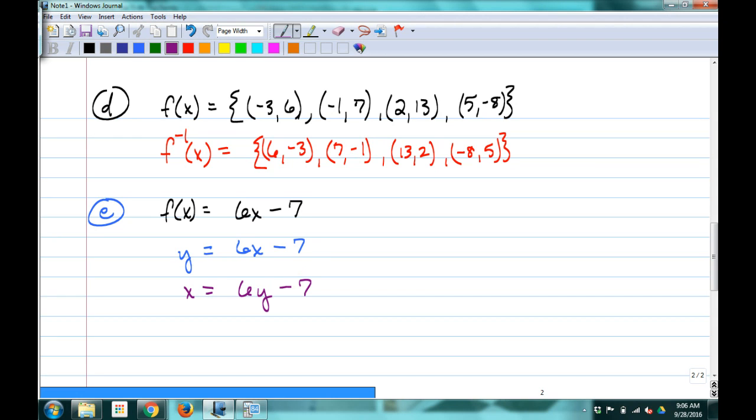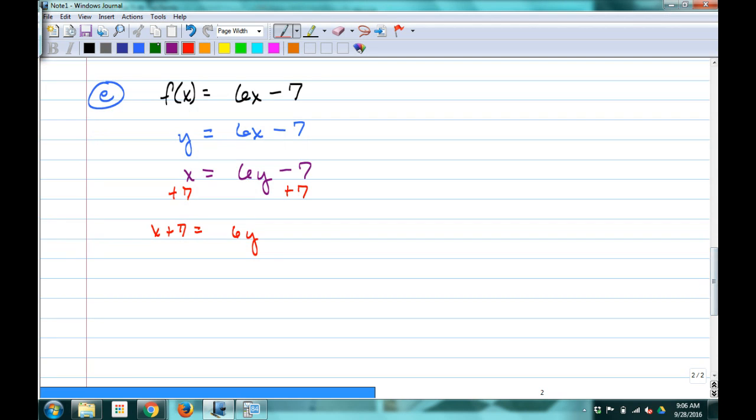Now, get y by itself again. Last step, we divide everybody by 6, and then convert it back into the inverse notation.